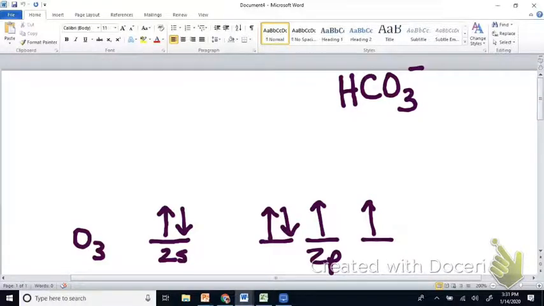And one of these atoms, either the hydrogen or the carbon or the oxygen, is going to receive an outside electron. That's how we get the minus charge. And oxygen is the most electronegative atom, so we're going to give that extra electron to oxygen atom number 3.